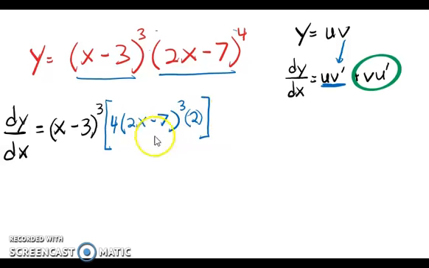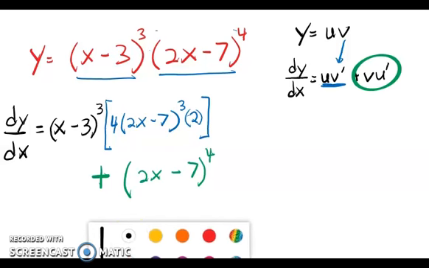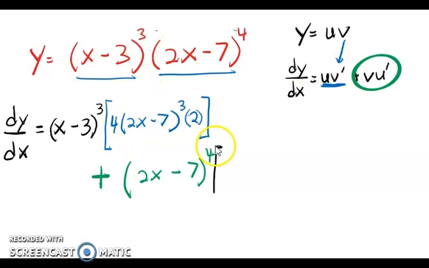So we have to plus. Now we have to copy the v, which is the second part, so we copy (2x minus 7) in a bracket to the power of 4. We just copy. Now we have to differentiate the first one. The first one is the same; we just put a bracket over here.